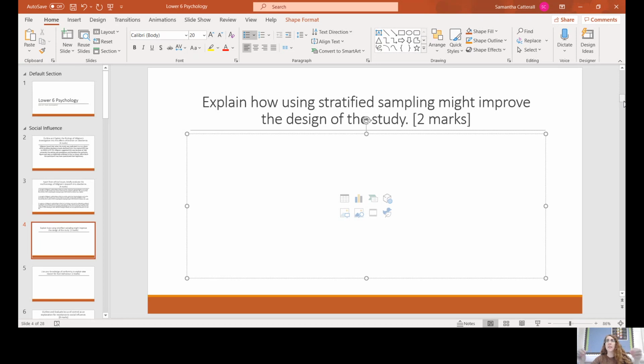And there needs to be the word in there about how the stratified sample will be proportionate to the target population. So in this case, it's the students in the school. So that needs to be said first, and then an explanation of why that means that it is being improved. So let's see if we can come up with an answer.